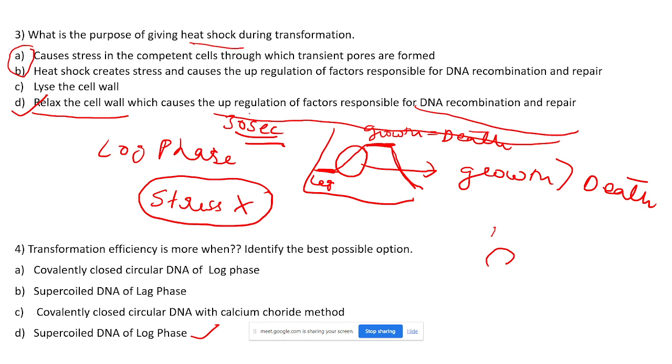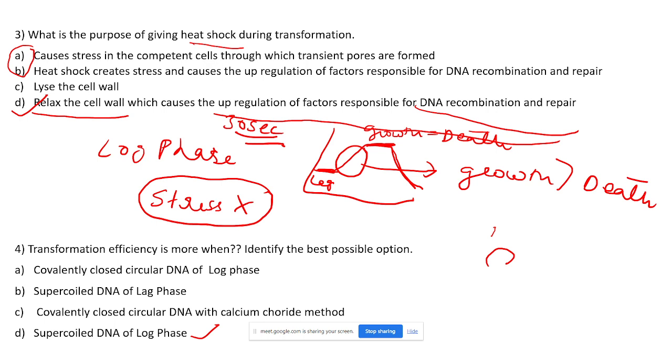Here you have to see the balance. If you are giving the heat shock for a very long time, your DNA recombination and repair pathway will be upregulated, but your cells will also go under, because you are giving heat shock for a very long time and they are getting stressed. But you have to see what you want.